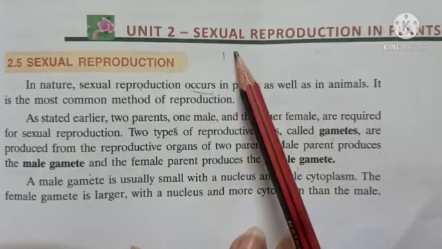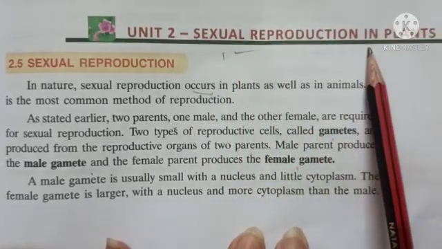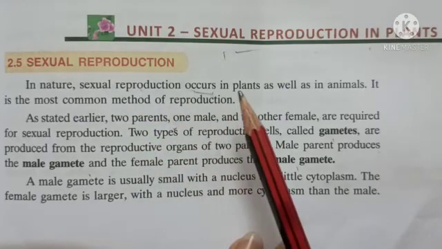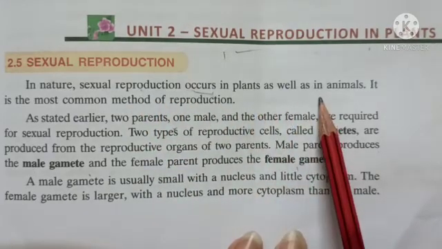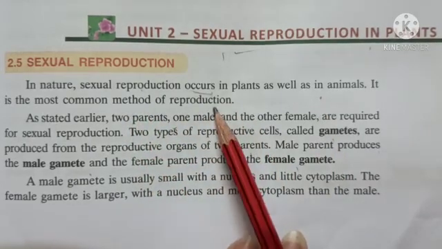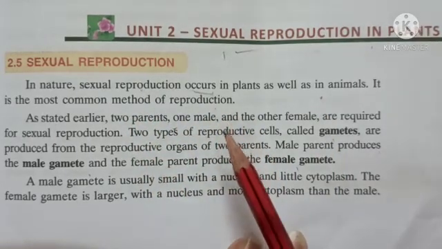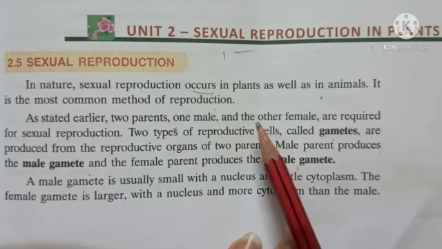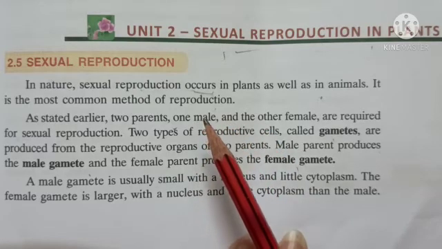Now next is sexual reproduction in plants. All of you know that in nature, sexual reproduction occurs in plants as well as in animals, and it is the most common method of reproduction. In the previous video I had already discussed that in sexual reproduction two parents are involved.